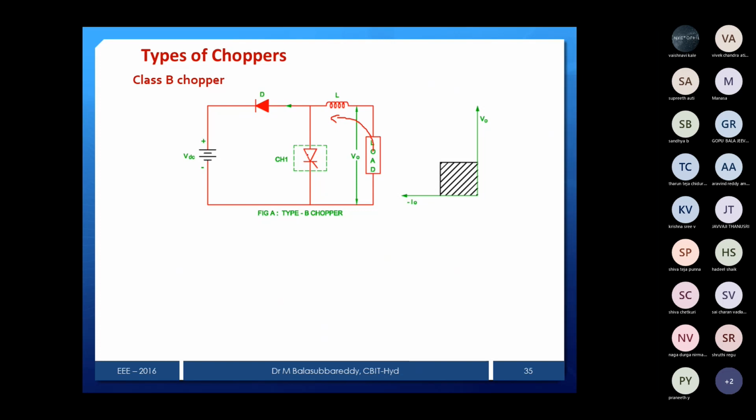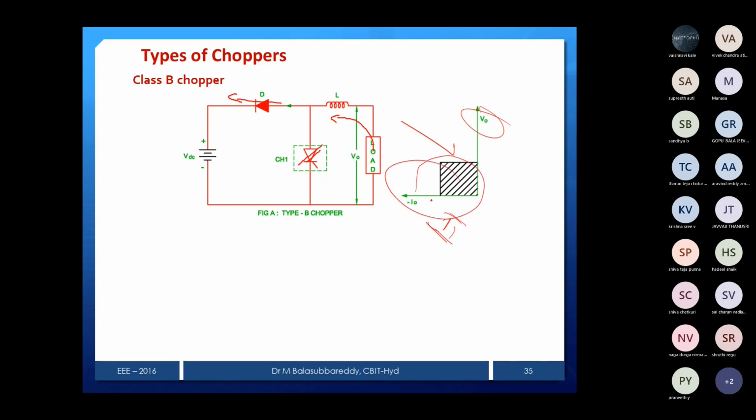After that, when the chopper is turned off, if load voltage E_B plus L dI by dt is greater than the source voltage, then the diode will be forward biased. The output is the same as the source voltage, and current is in the opposite direction, so we can say that current is always negative. So current is negative and voltage is positive, which gives a second quadrant converter. So this is a second quadrant chopper.